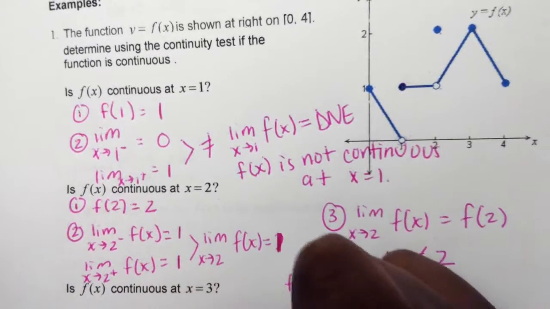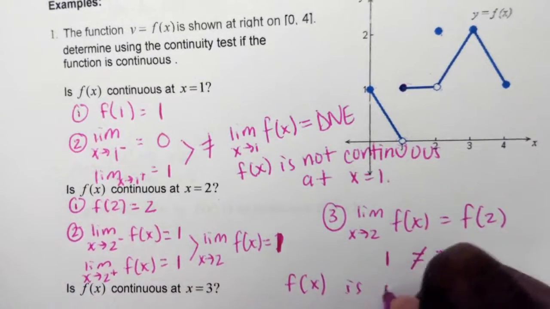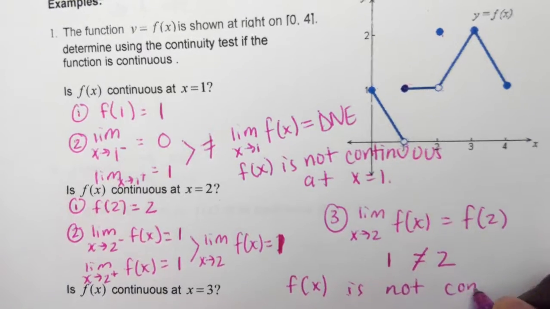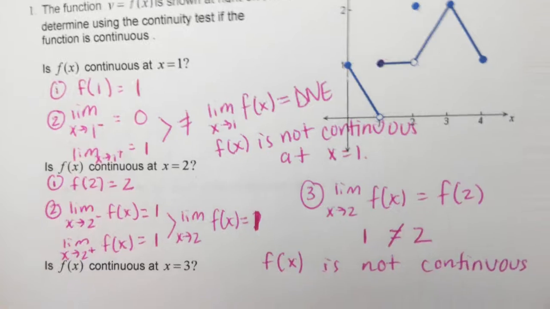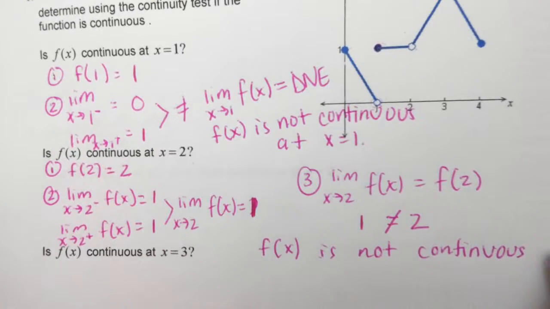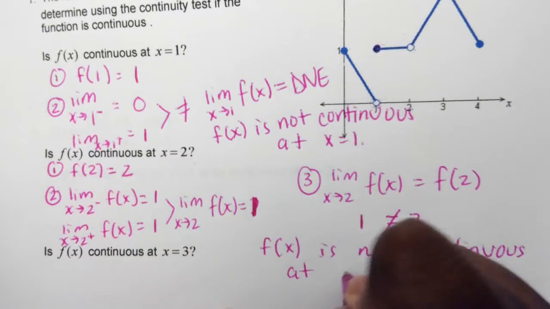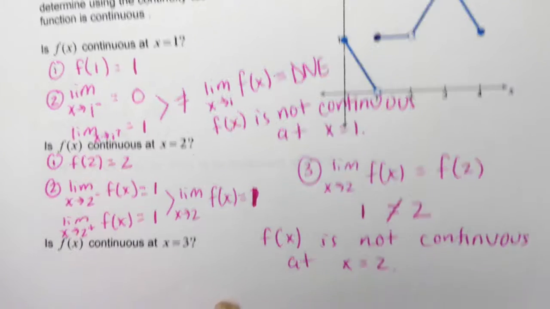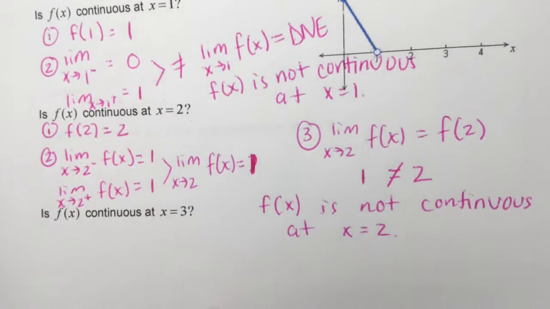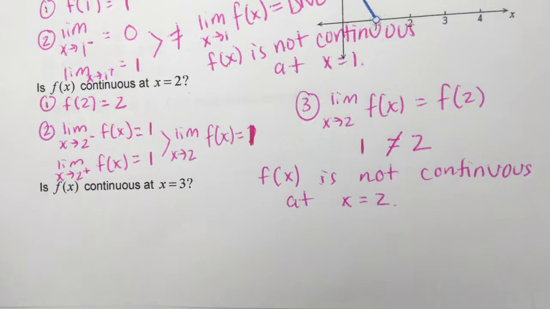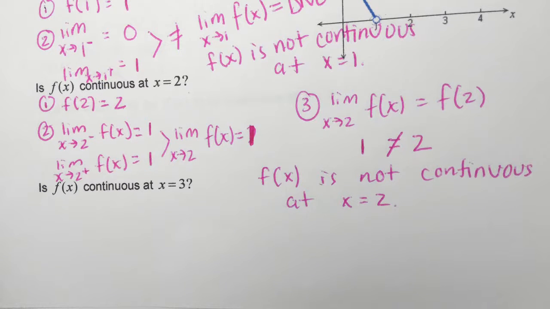So f of x is not continuous at x equals 2. Okay, so for x equals 3, I want you all to try that on your own, and we will move on to the next page.